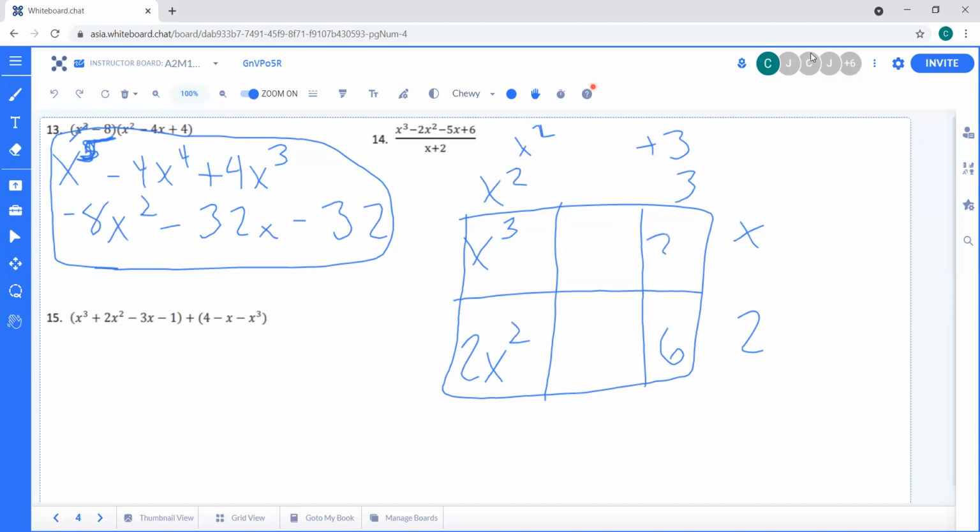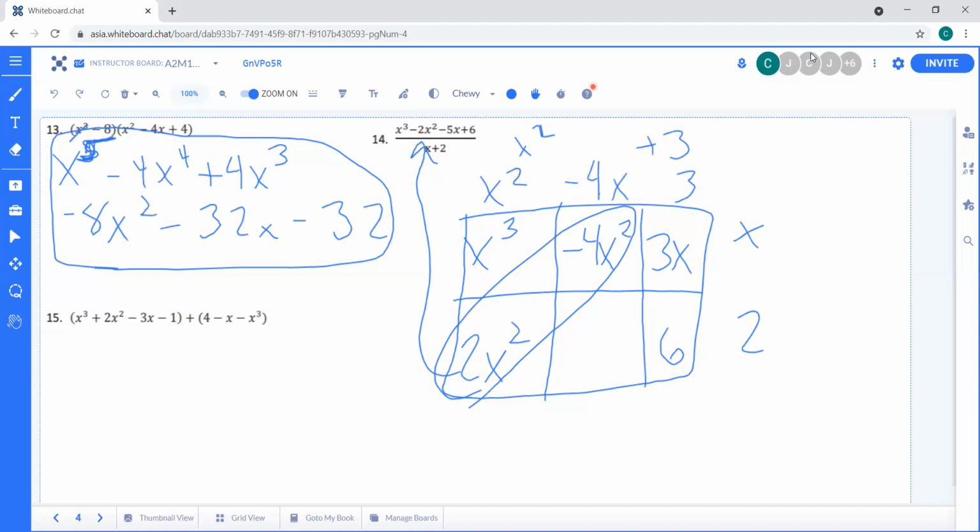So this would be 3 to the 6, or 3x. Now I need negative 2x squared. So I'm actually going to have to go with a negative 4x squared to get this to combine to be negative 2x. So how do I get negative 4x squared from x? I would have to have negative 4x.